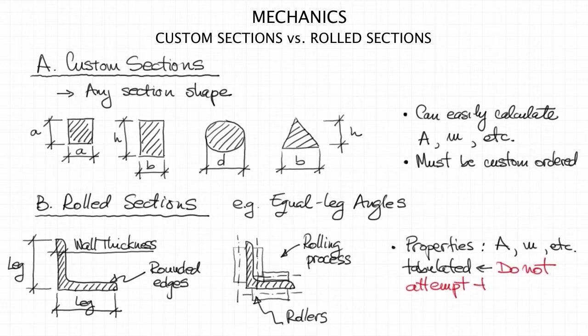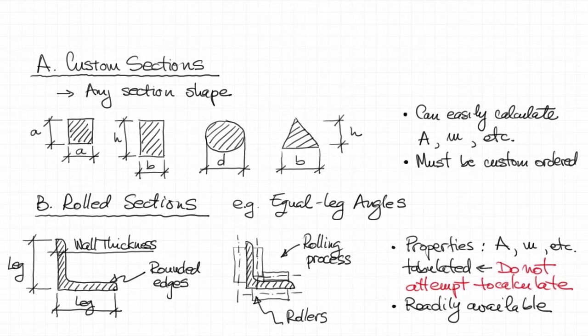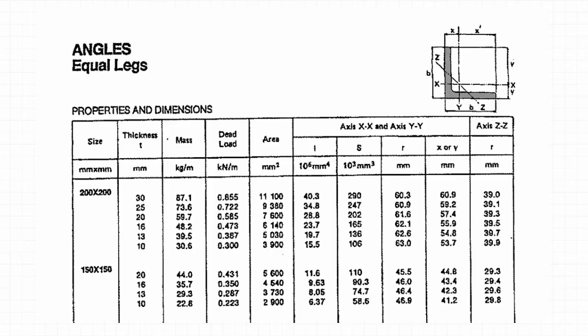Therefore, do not attempt to calculate these properties, because you will never be exact, again because of these rounded corners. You have to go to the table and get the properties from the tables. The other characteristic of rolled sections is that they're pre-manufactured and readily available. So once you specify them in a design, all you have to do is order them from a manufacturer, from a rolling plant.